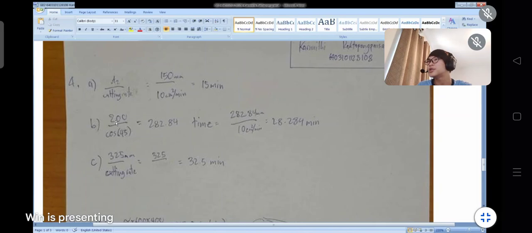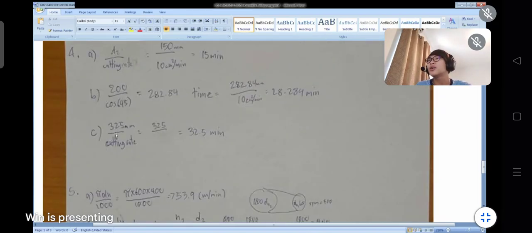The A1 is 200, and divide that all together, you get 282.84. Now, to find the time, like this one, we put A2, which is this, on top, and cutting rate, which is 10 at the bottom. We divide it, we get 28.284 minutes.